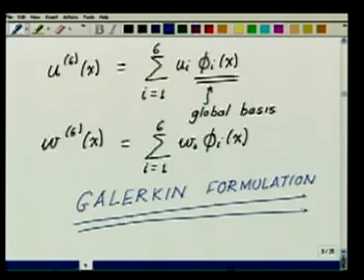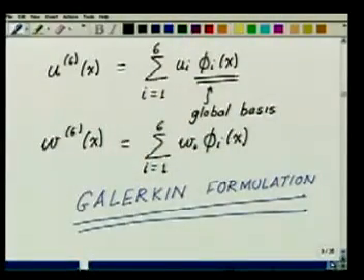So what we are going to do throughout this course is use the Galerkin formulation. Now, we have this representation for u and for w. Now the question is, we need to find these coefficients ui. Just like we did earlier, the same question arises again. So how do we find the coefficients ui?